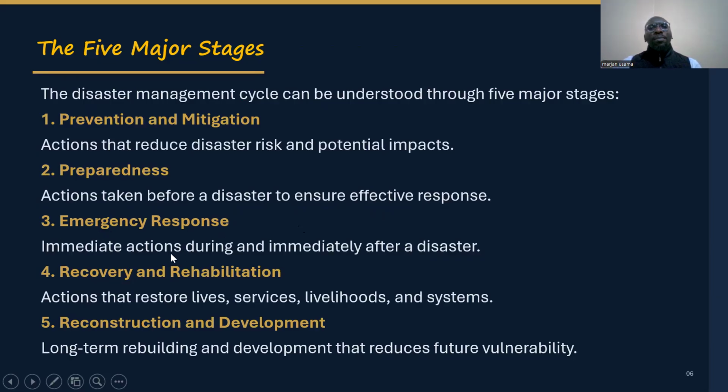This is immediate action during and immediately after a disaster. Then recovery and rehabilitation. These are actions that restore lives, services, livelihoods, and systems. Then lastly, reconstruction and development. Long-term rebuilding and development that reduces future vulnerability. Now, these are the 5 major stages.